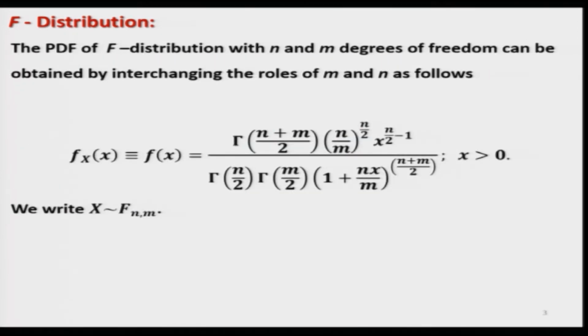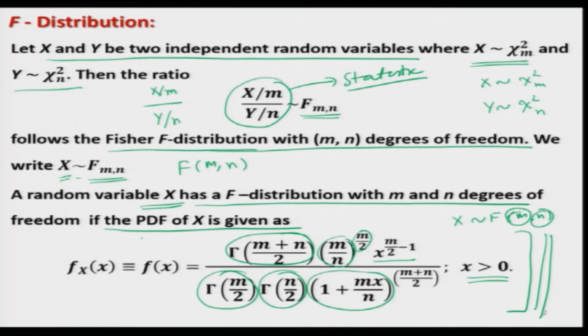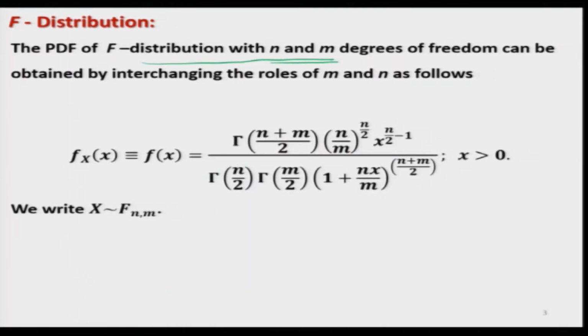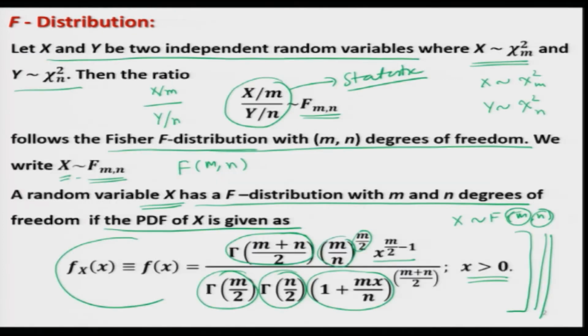So, for example, the PDF of the F distribution with n and m degrees of freedom can be obtained from this PDF, which is for m and n degrees of freedom, just by interchanging the roles of m and n. That means wherever you have m, replace it by n, and wherever you have n, replace it by m, that is all.